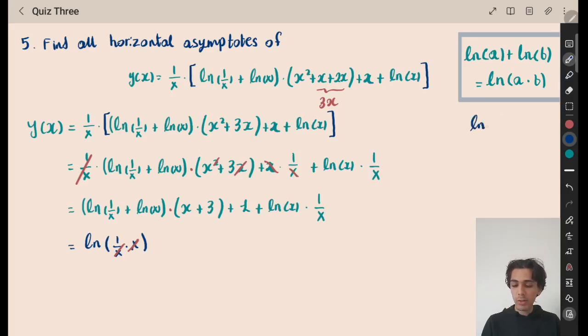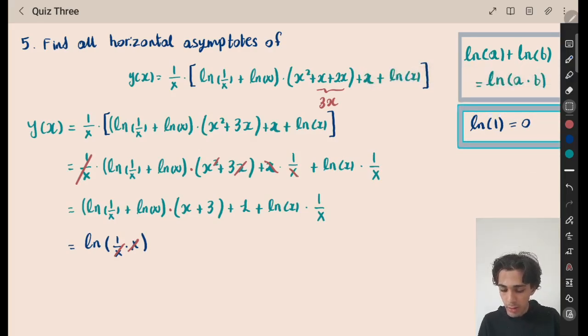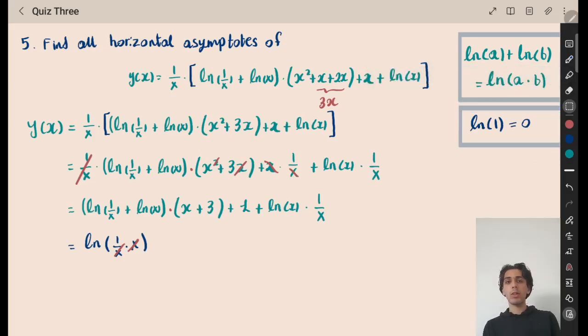And the second property is that ln of 1 is actually equal to 0, because of what the ln function really asks. If I ask you why ln of 1 is 0, it's because 0 is the number we plug into the exponential function to get 1 out.